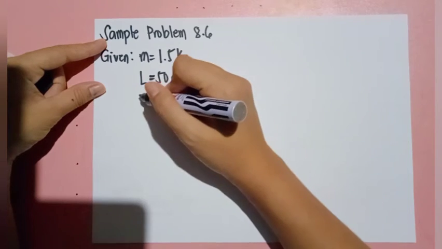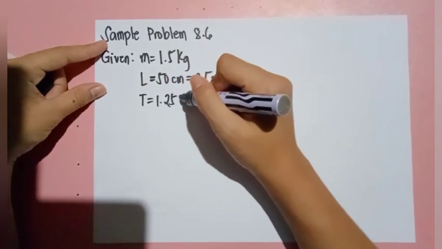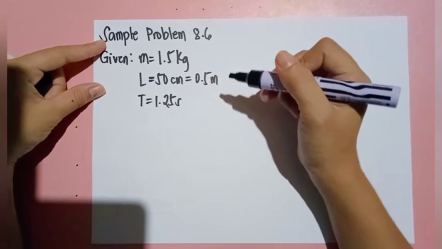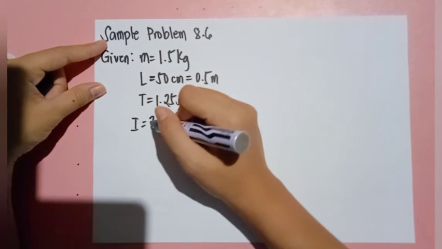And the next is the period of oscillation, which is 1.25 seconds. We need to find the moment of inertia.